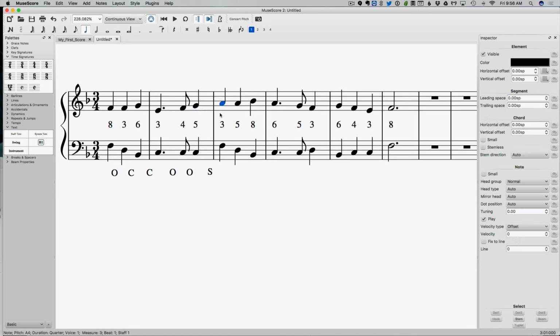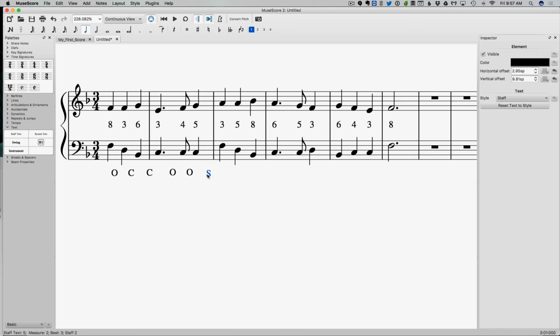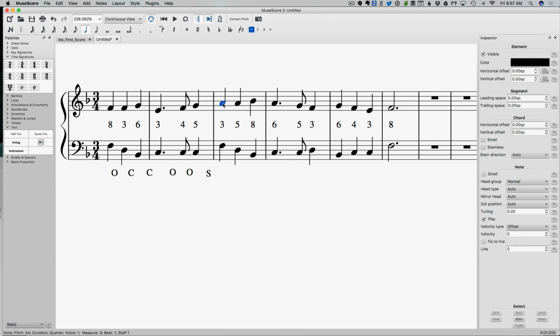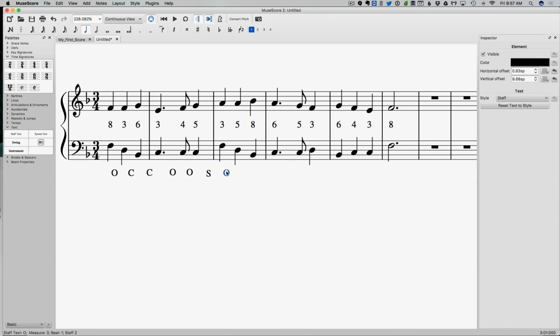G to A is a whole step. C to F is a fourth. So not exactly parallel. Parallel would be if they were moving at the same exact interval. And we like to avoid parallels as much as possible. So A to A and then F to D. That's oblique motion again.